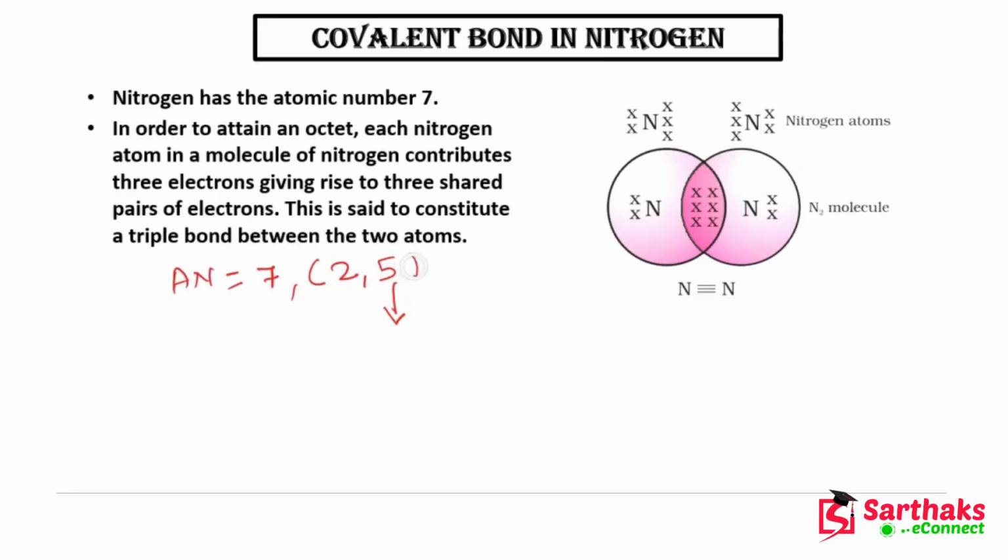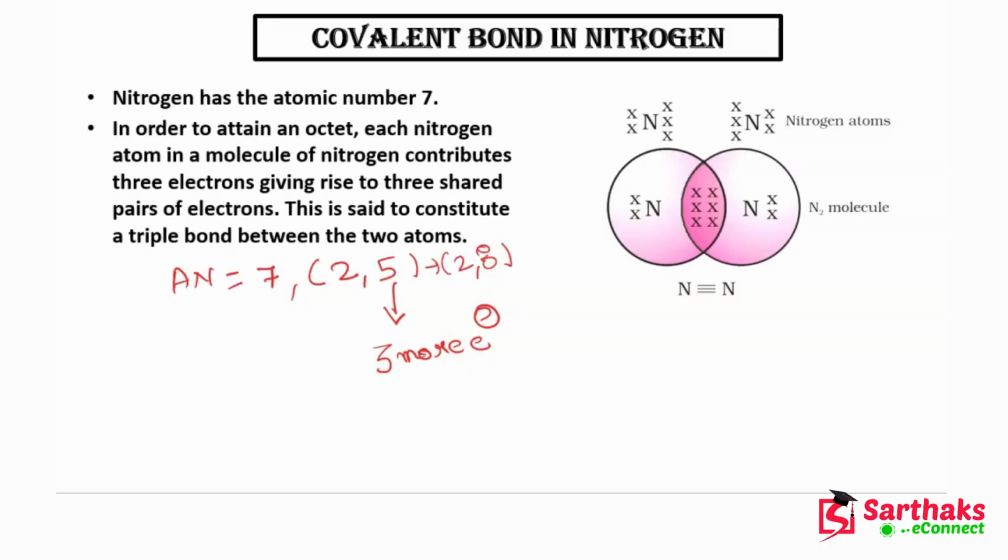So it also wants to attain the electronic configuration of the nearest noble gas, or complete its octet. To complete its octet it needs 3 more electrons, because after accepting 3 more electrons it will become 2 and 8 and its octet will be completed.